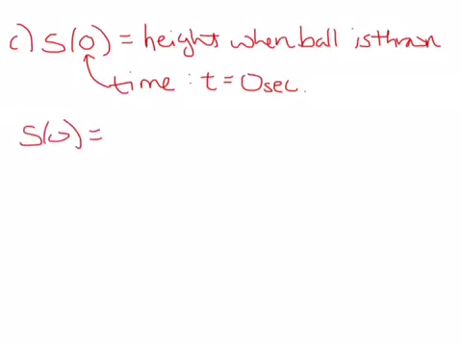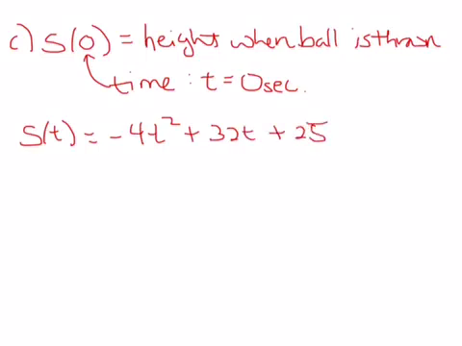S of 0, let me take one step back. This was S of t, if we have forgotten, is negative 4t squared plus 32t plus 25 after doing some reducing, although we can certainly use the negative 16t squared and so on if we wanted to.